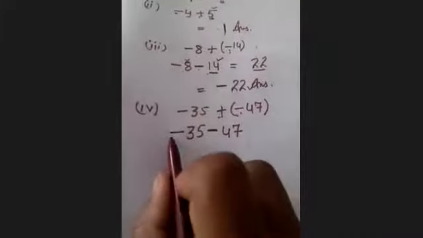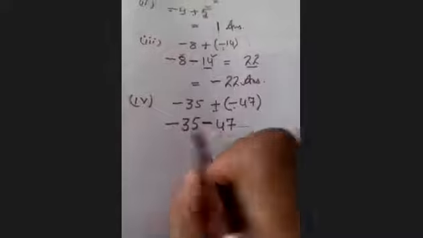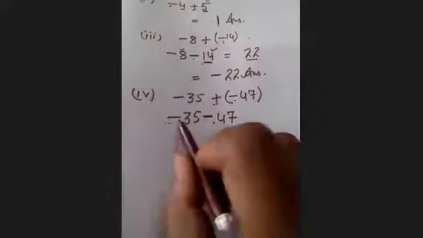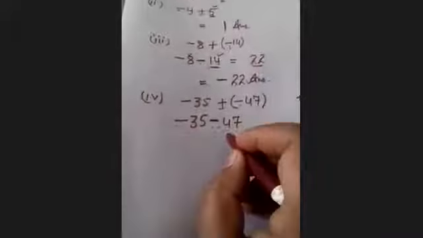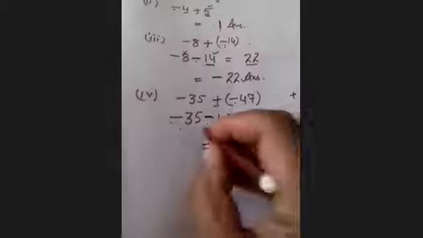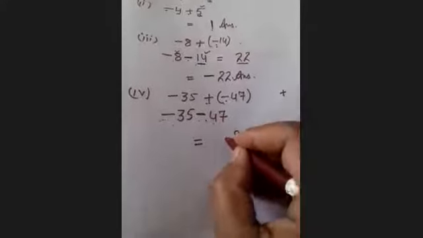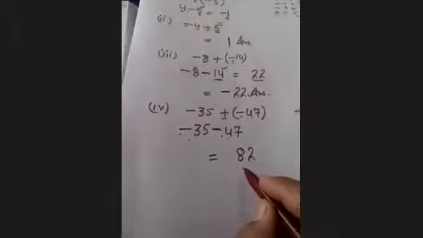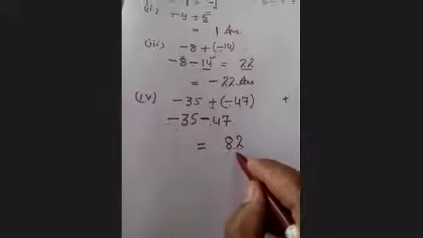Now we have -35 and -47. Both are negative. Minus minus. Now add these integers. 35 plus 47 is 82. 35 plus 47, the result is 82.